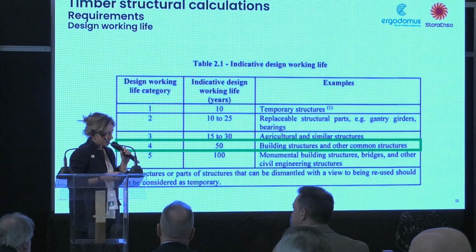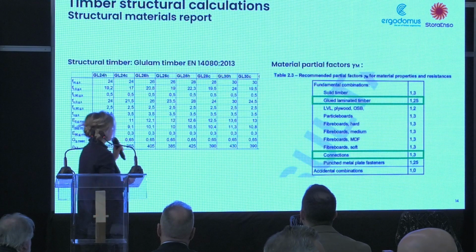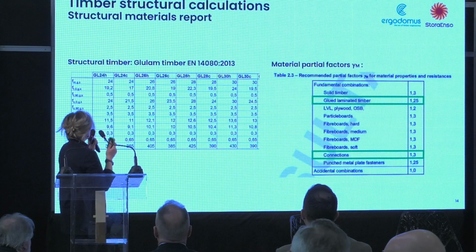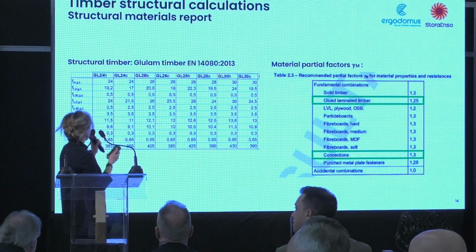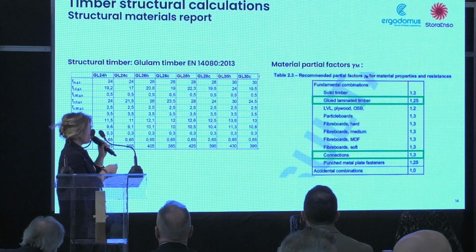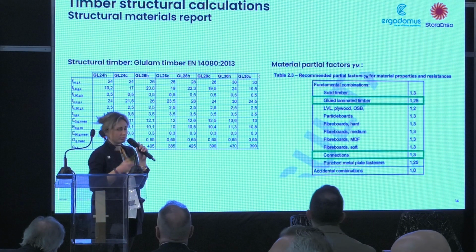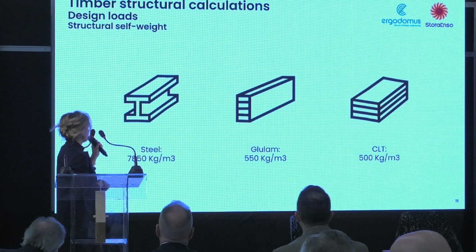For example, here we can see the design working life. The structural material, of course, we are talking about glulam, glue-laminated timber. These numbers also apply to CLT, the same partial factors.